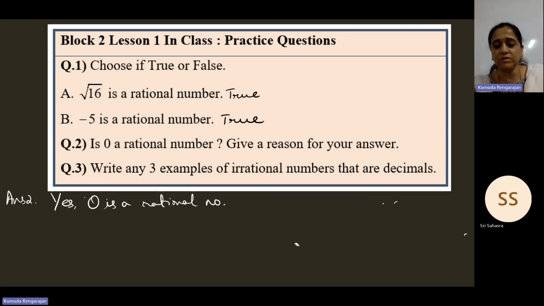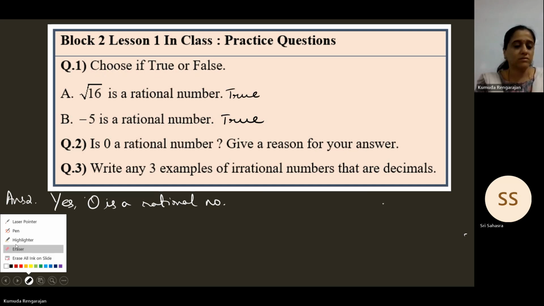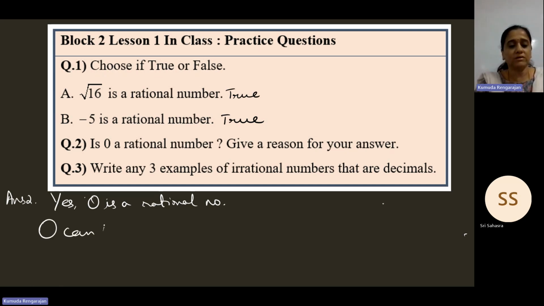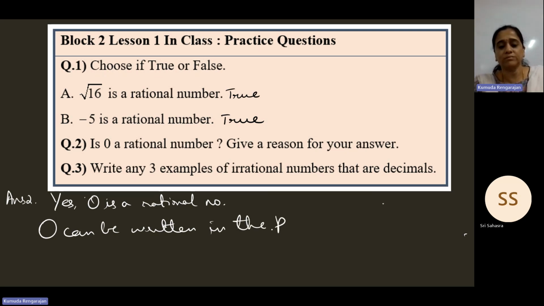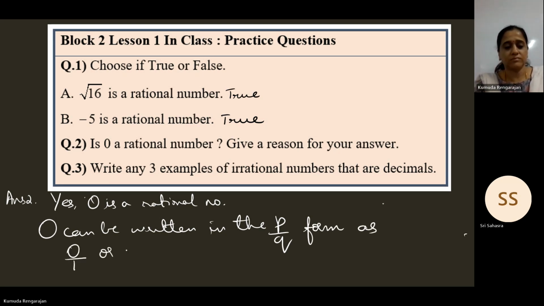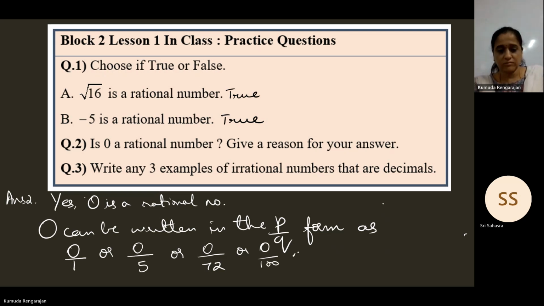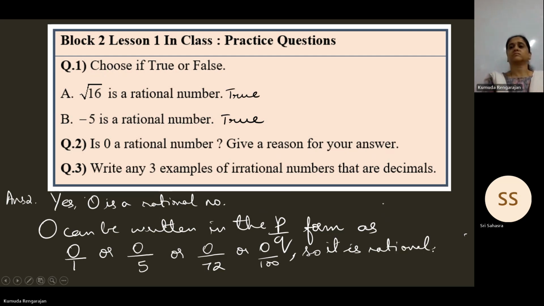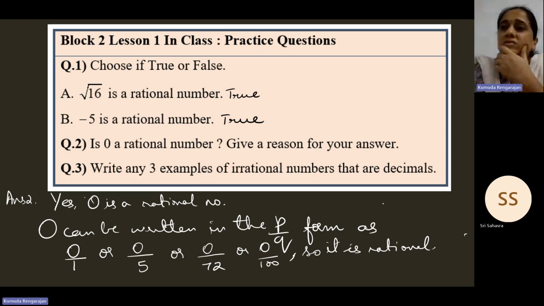Yes, 0 is a rational number. 0 can be written in the P by Q form. Navneet?